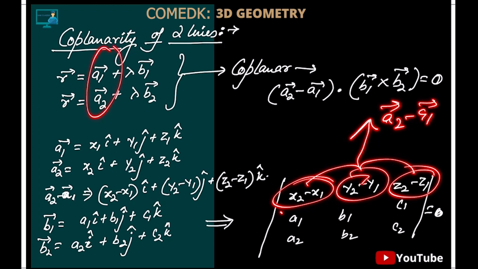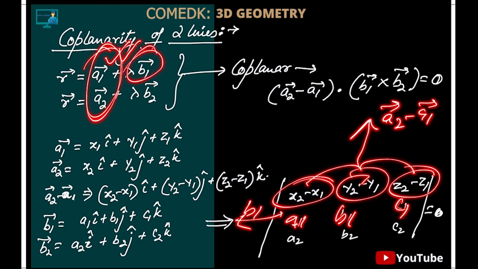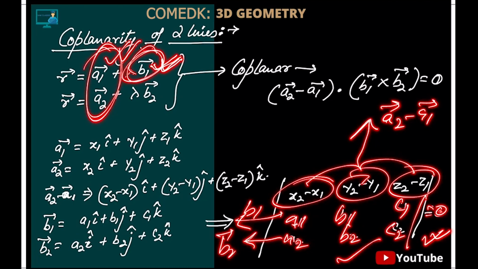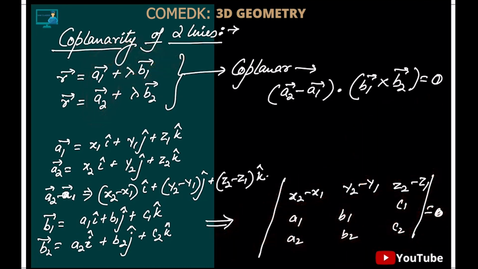And for this one, A1, B1, C1, it is coming from the first line, which is parallel to this vector, and this is coming from the B2. The moment you keep this in mind, you will never forget how to use it. The moment they give it, you use it very fast and you can solve it.